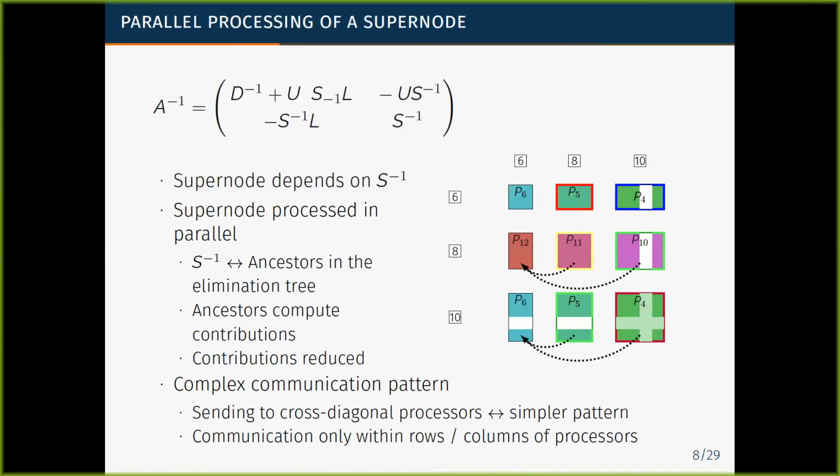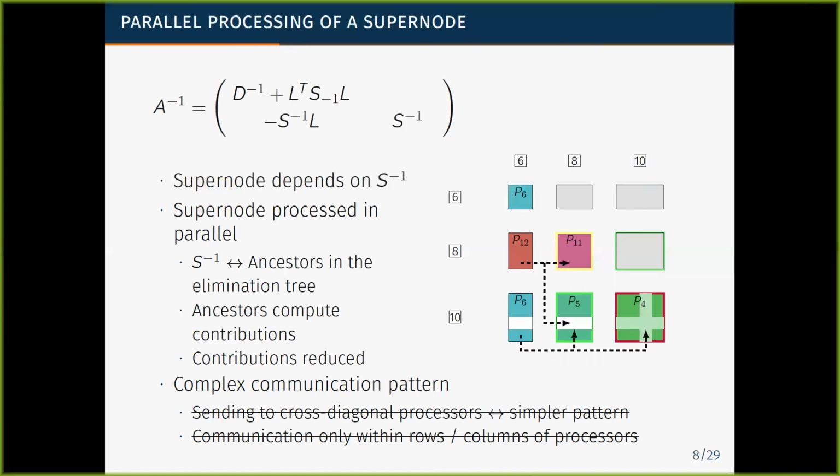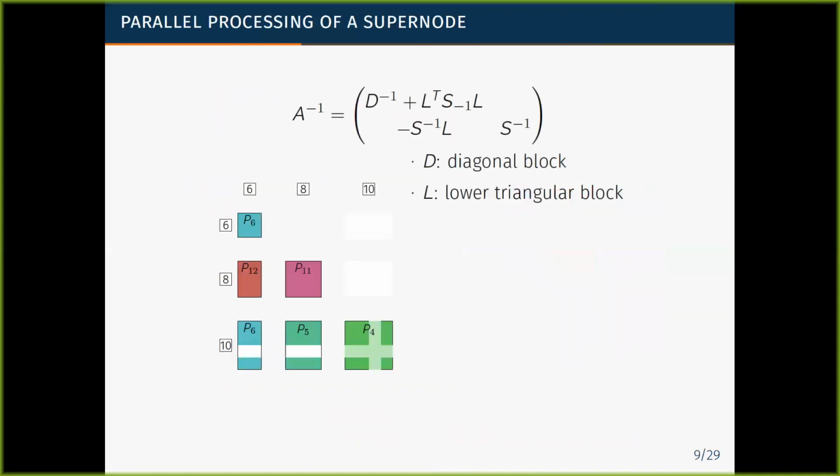As a result, we do not necessarily have the upper triangular part of the matrix allocated. And so it might be interesting to forget about this simplification and use the complex communication pattern. That's what we've been doing lately. So how does it work when we only have the lower triangular part of the matrix allocated?